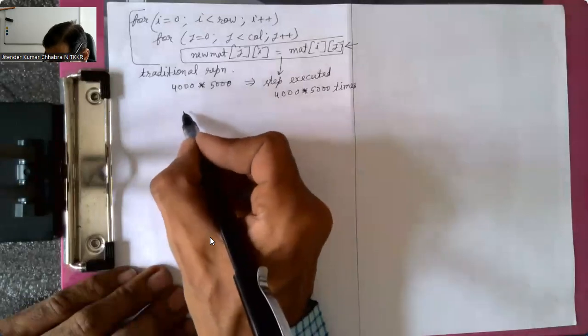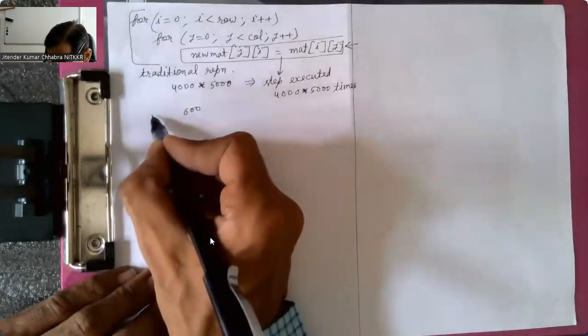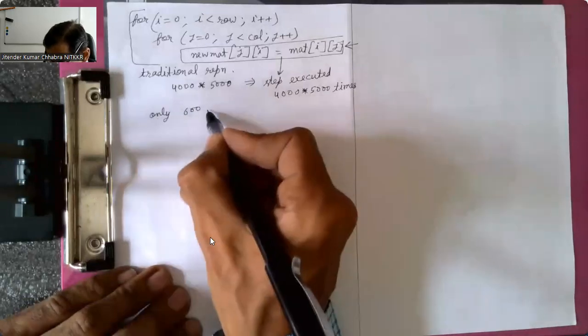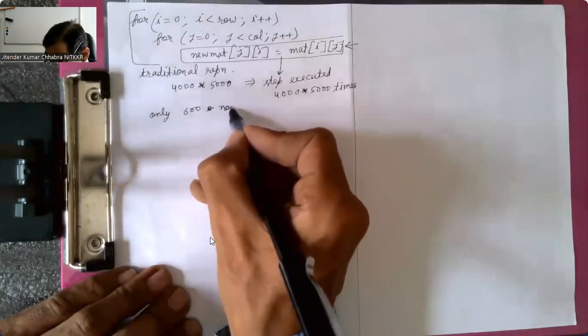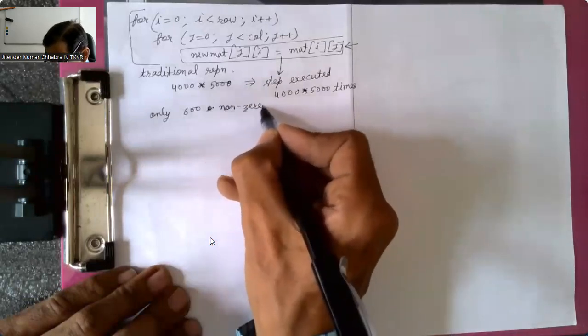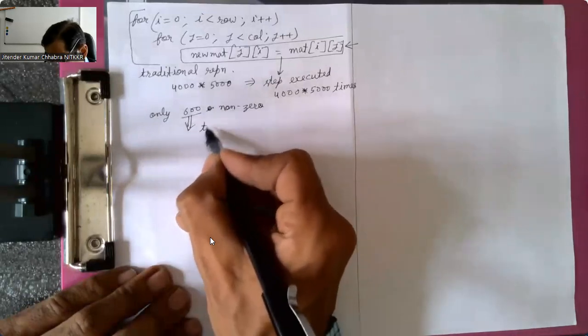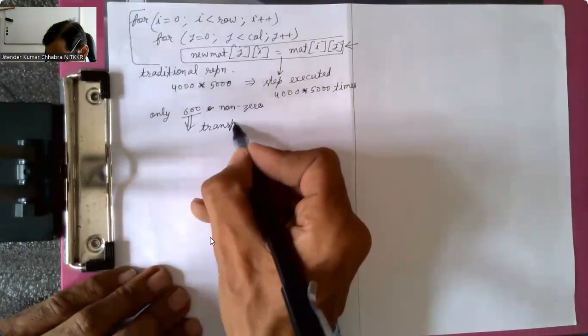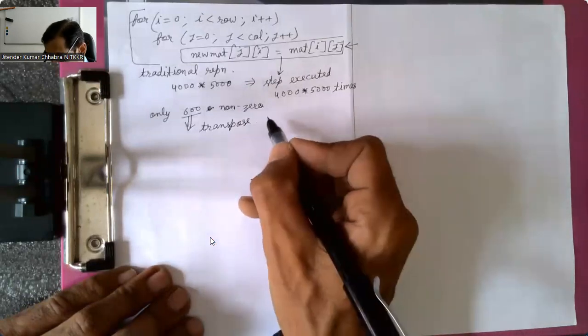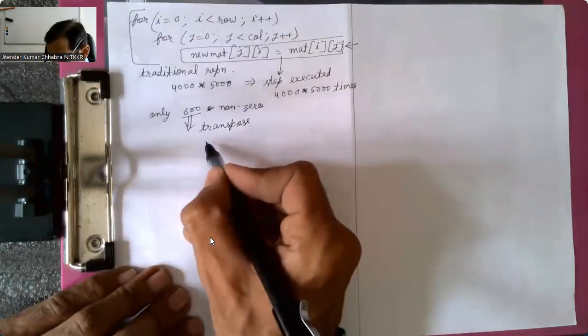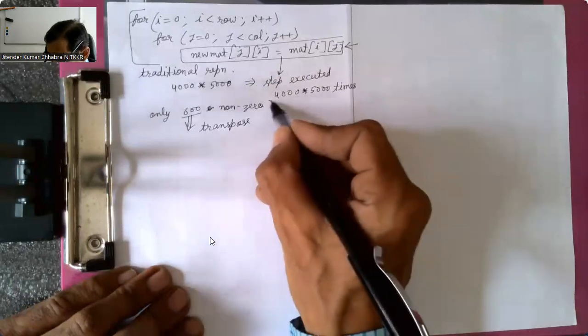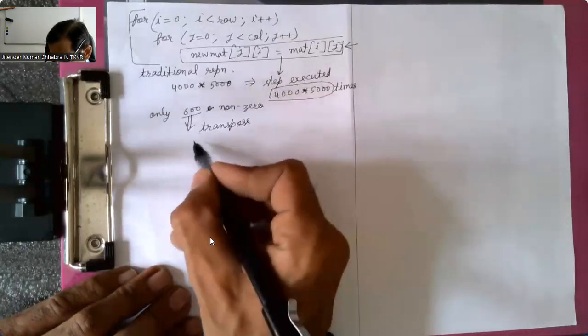Ideally, out of this, if I assume only 600 entries were non-zero, so probably only 600 values' transpose was meaningful, and the rest were all implied as zero. Then I should probably think of improving this in terms of 600.